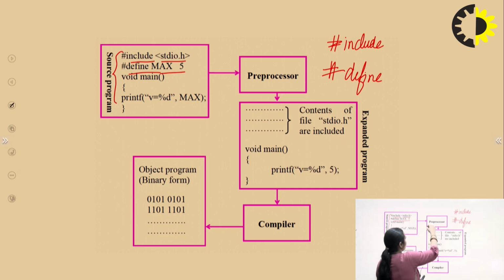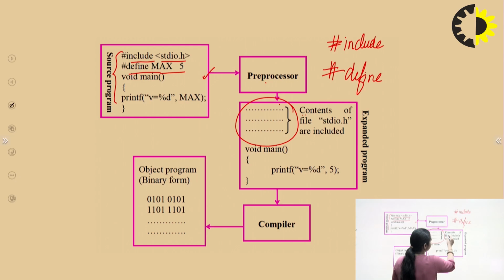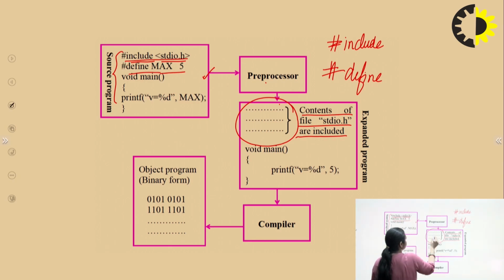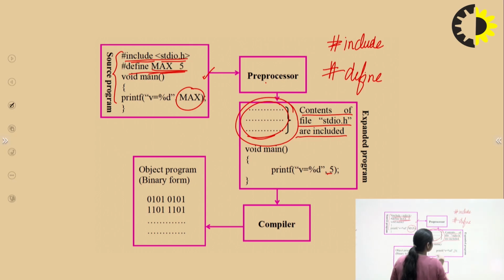Now, this source program, what will the preprocessor do? The preprocessor will prepare it for the compilation. It will provide the expanded form, where the contents of the file stdio.h are included here. The rest of the program is written as is. Here you have defined MAX is equal to 5, so MAX is 5.